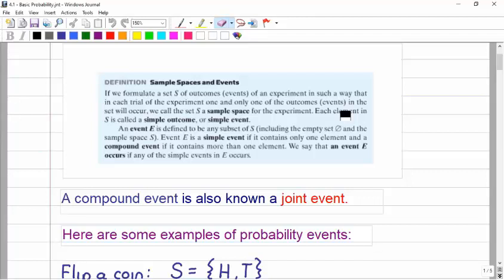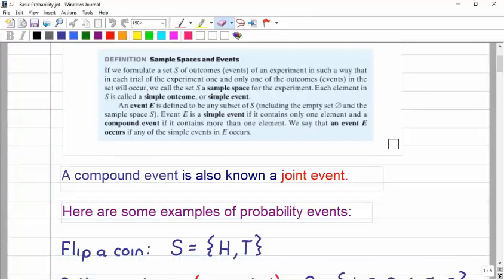So that's why it's called a compound event. I'm going to say compound event more than joint, because that's a term I haven't run across as much in my career. Most books use compound, but that's all right.